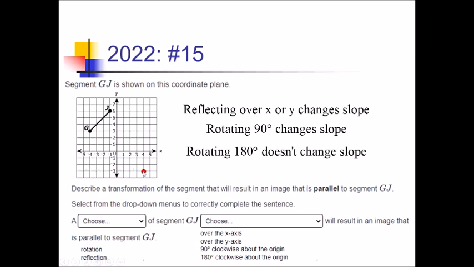So there's the image of g prime. And then for j, instead of -1 comma 6, we would have 1 comma -6, somewhere down here. So drawing this segment, we can see that these are parallel. So let me pick rotation 180 degrees clockwise.